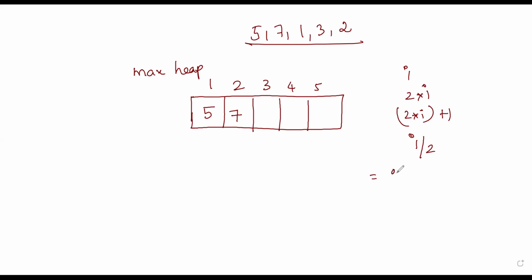Suppose i is equal to 2 now. To find its parent, 2 by 2 is 1. 1 is its parent. The computer doesn't know this kind of thing, so it uses the formula. So 1 is its parent. It is max heap, so the parent should have the greater value. Here 7 is the child and 5 is the parent. So swap it.